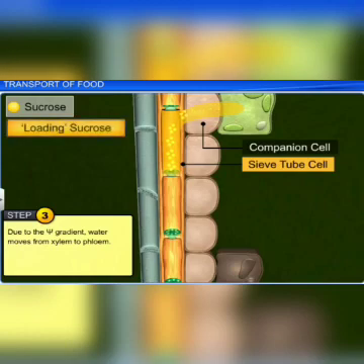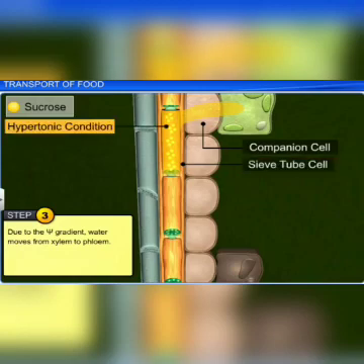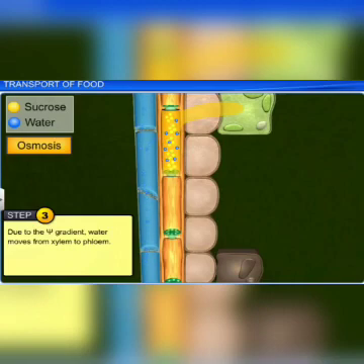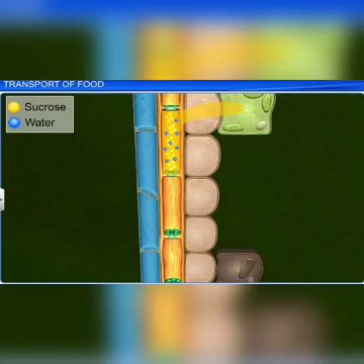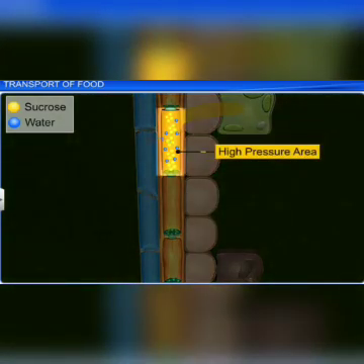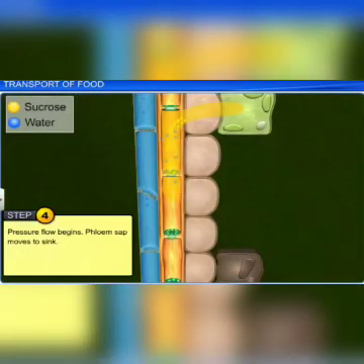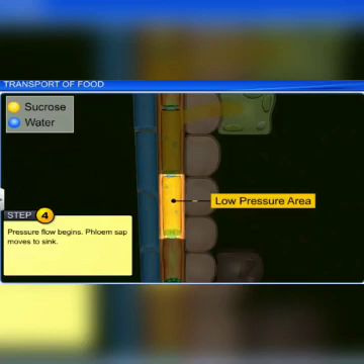This process of loading of sucrose into the phloem causes a hypertonic condition and sets up a water potential gradient. This in turn results in osmosis, which causes water to move into the phloem from the adjacent xylem cells. As osmotic pressure increases in the sieve tube, pressure flow begins, and the phloem sap moves towards the sink, which has low osmotic pressure.